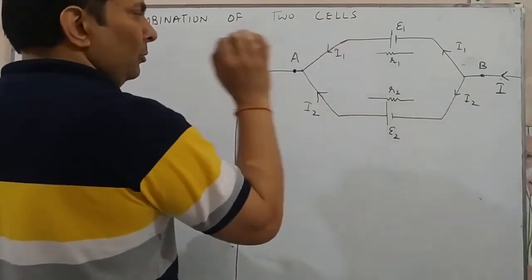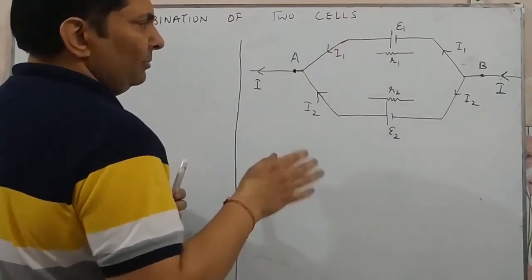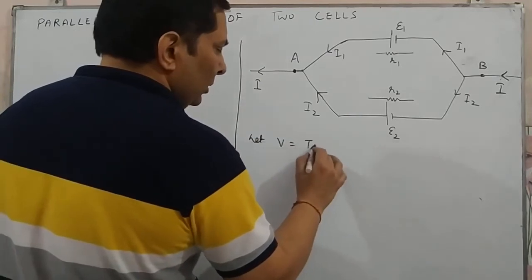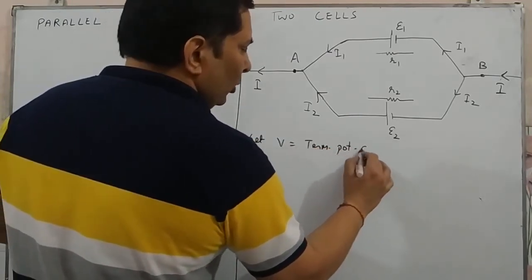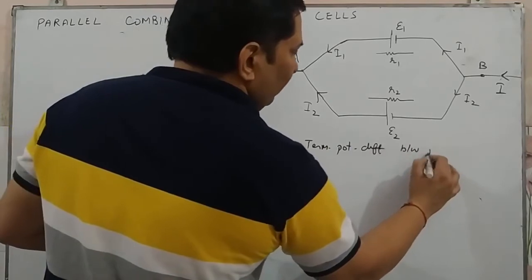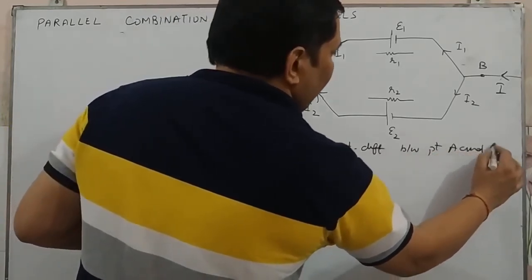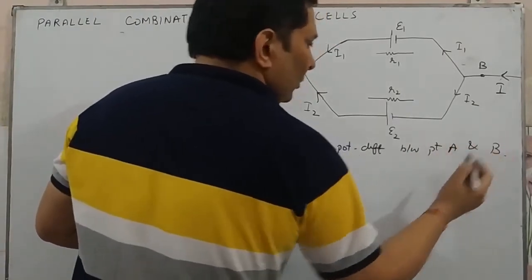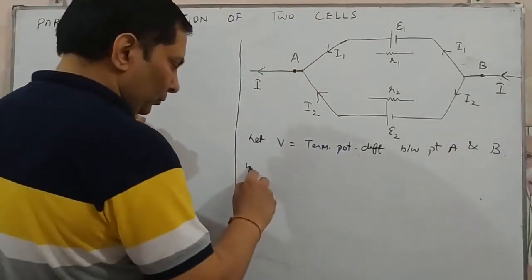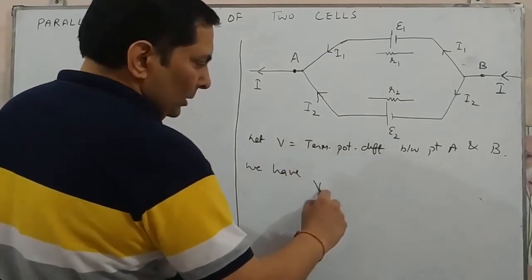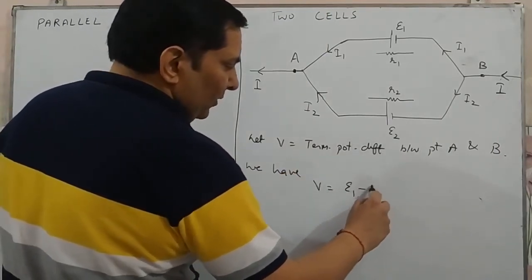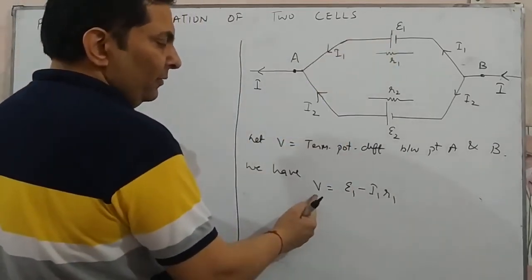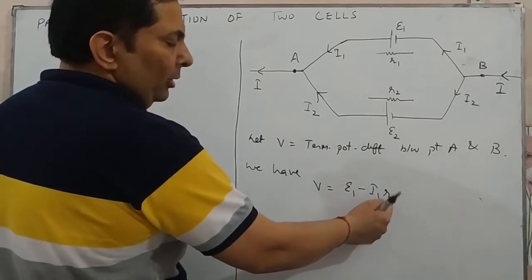One thing is clear: the potential difference between points A and B will be the same. Let V be the terminal potential difference between points A and B. For the first cell, terminal potential difference is equal to EMF minus current into internal resistance.